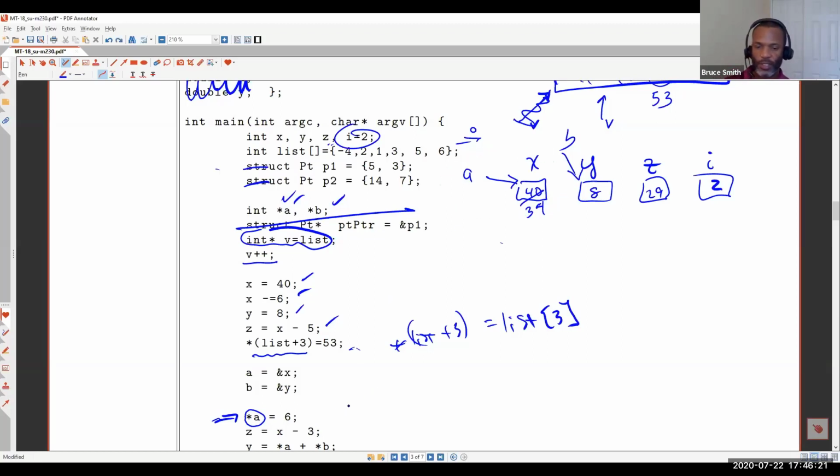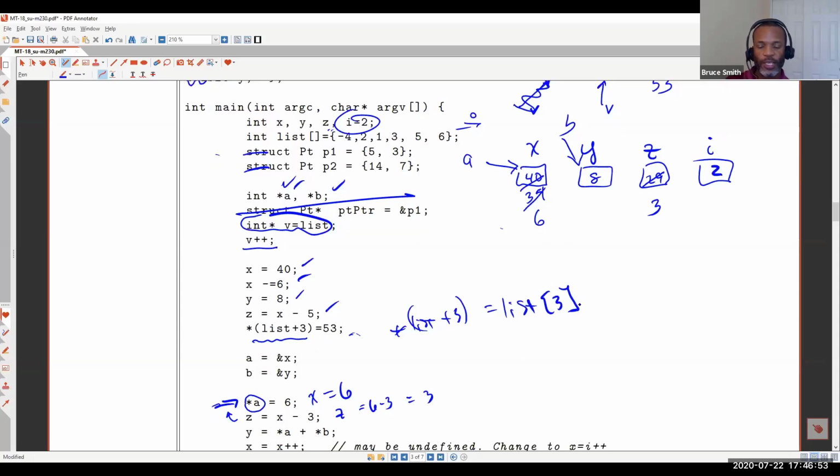Oh, it's x. You can simply rewrite it as x equals 6. So it's taking the contents of that address and assigning it a value of 6. And then down here it says z equals x minus 3. This checks that you understand how x has changed. So z gets a value of 3.